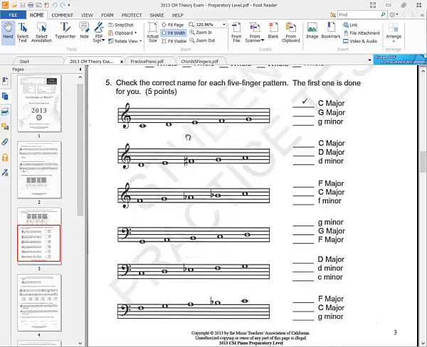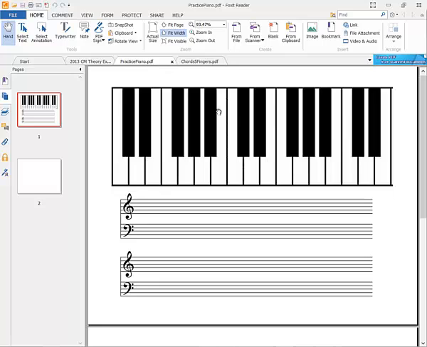To figure it out, you could look at a practice piano, which is provided in scratch paper form, and you could put your hands on the practice piano and try to figure out what notes need to be played.